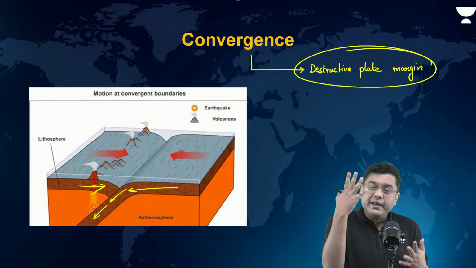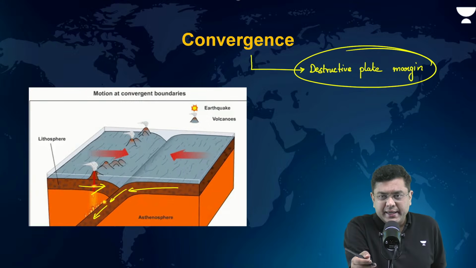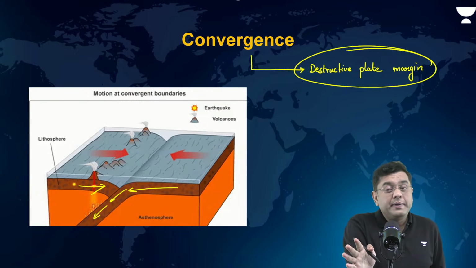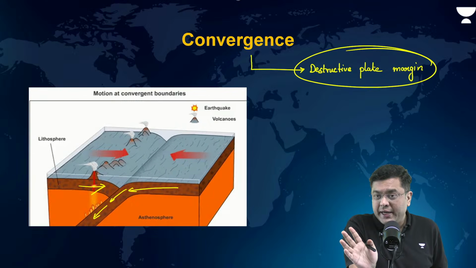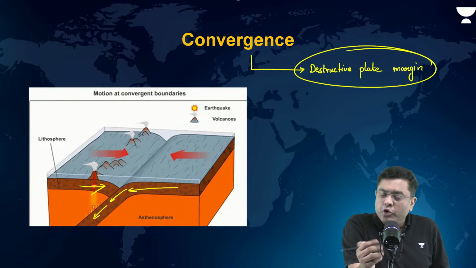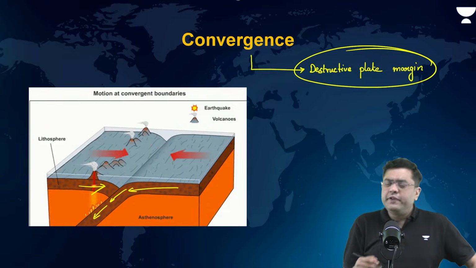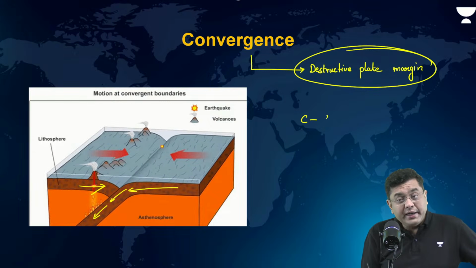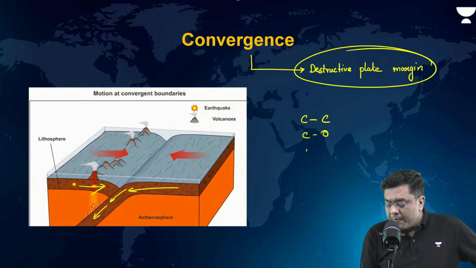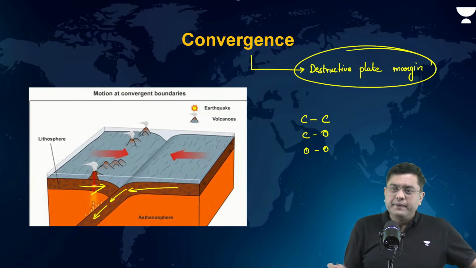Now, depending upon whether it is a continental crust or an oceanic crust, convergence is going to be different. So you can have three types of convergences based upon which crust is concerned: continental continental convergence, continental oceanic convergence, or oceanic oceanic convergence.